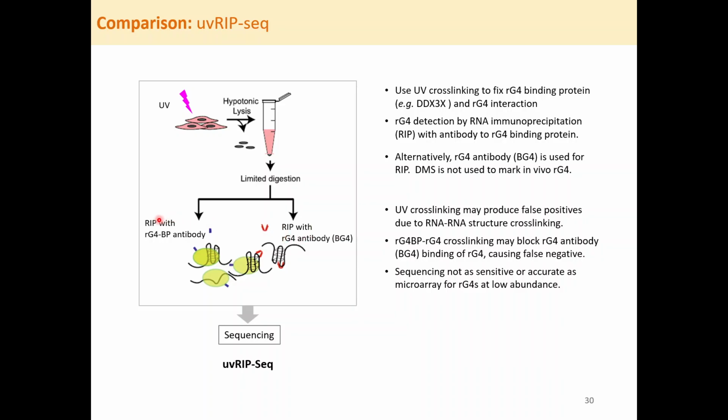The RIP'd RNAs are sequenced and analyzed. However, the UV cross-linking may produce false positives due to RNA-RNA cross-linking. When UV cross-links the binding protein with rG4, immunoprecipitation with rG4 antibody may be blocked, causing false negative. Again, this method uses sequencing for detection, which is less sensitive and less accurate when transient dynamic rG4s are in low abundance.